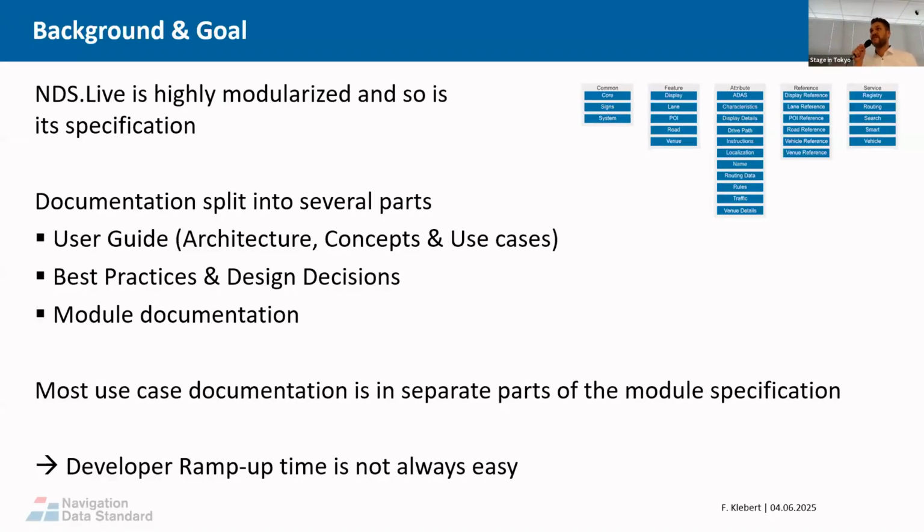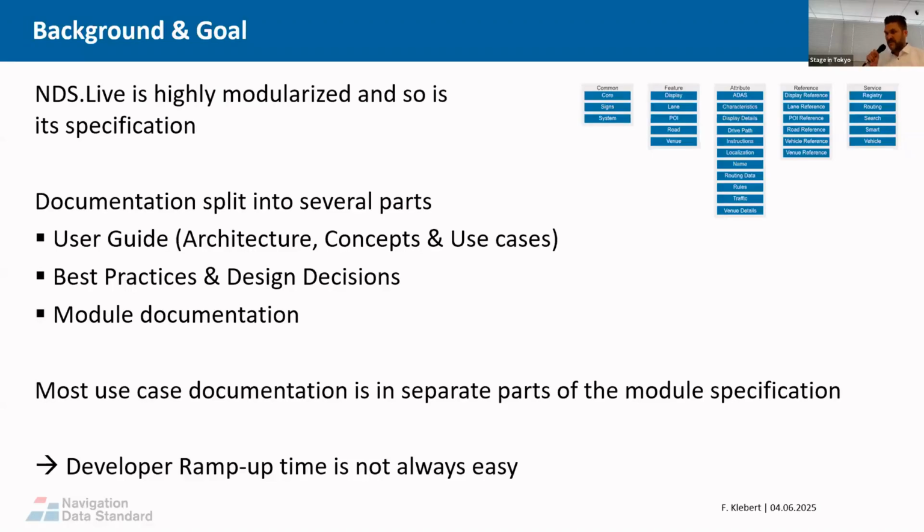The module documentation for each and every module is more or less really the key to the mansion on the hill. So you have to read this. But when you're looking at the small picture there, this is all of the modules that we currently have. So when you're implementing a use case, you will figure out, okay, I have to read here, there, everywhere, and so on and so forth.